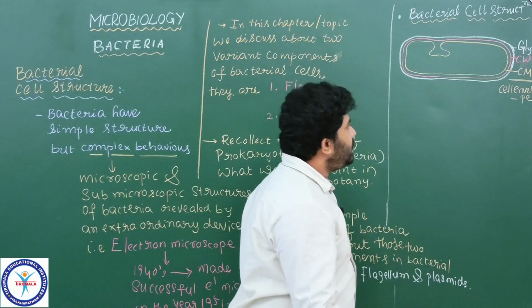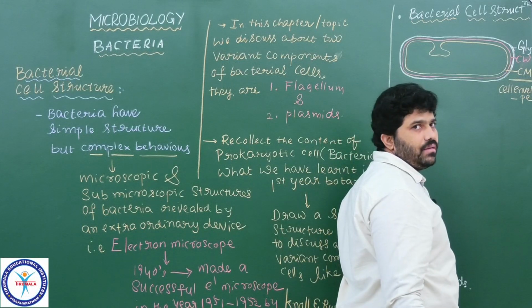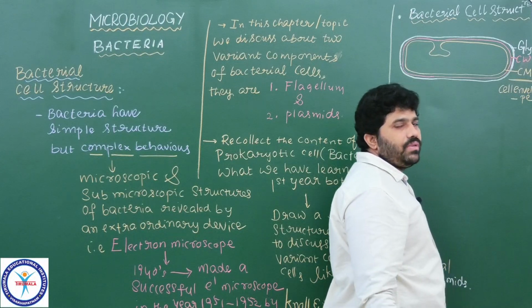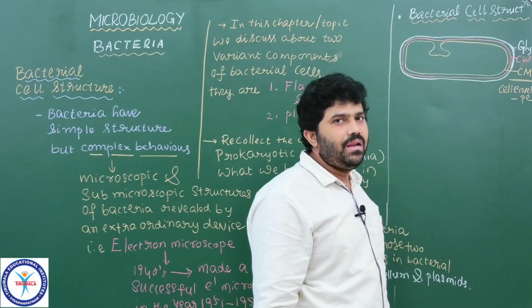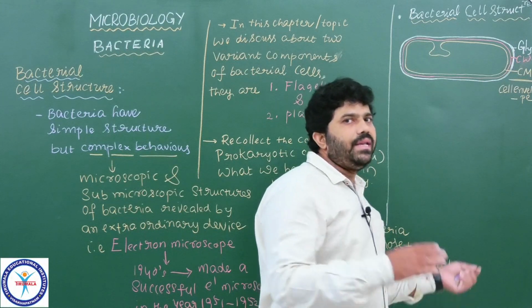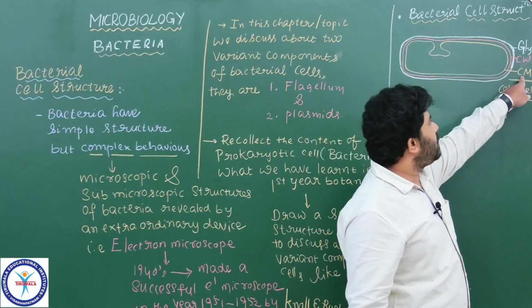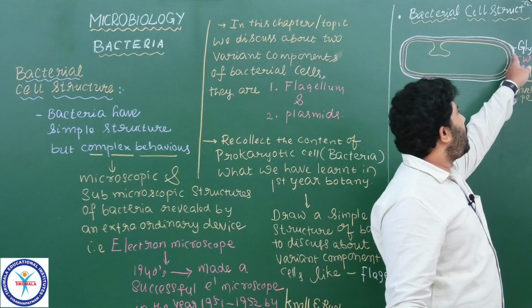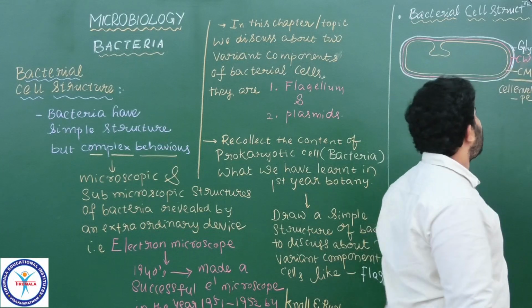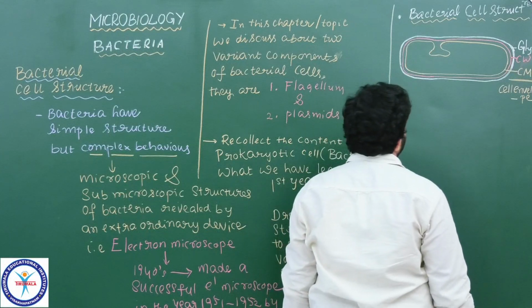From interior to exterior: cell membrane, cell wall and glycocalyx. If you move from the innermost region, the layer is the cell membrane. Above the cell membrane we have the cell wall, and above the cell wall we have the glycocalyx. These three layers are collectively called the cell envelope in the bacterial cell.